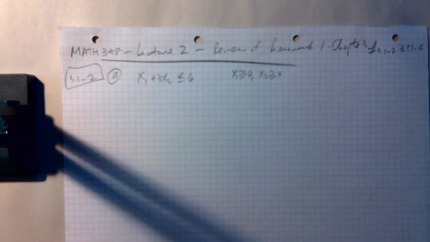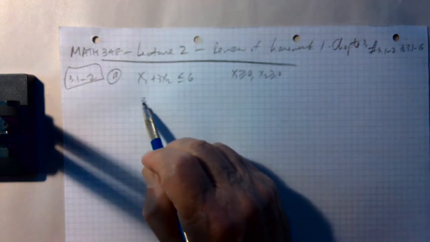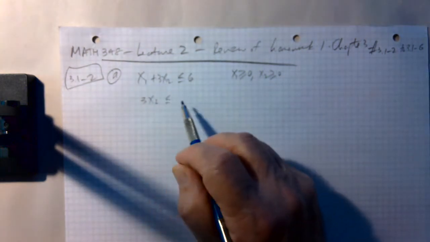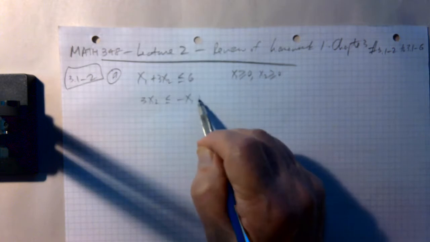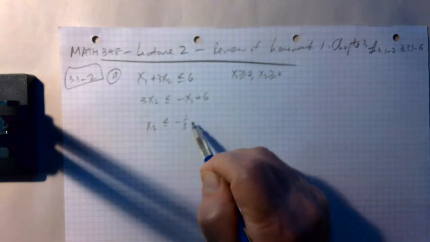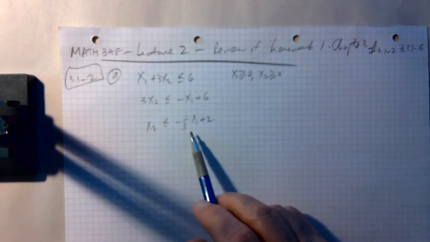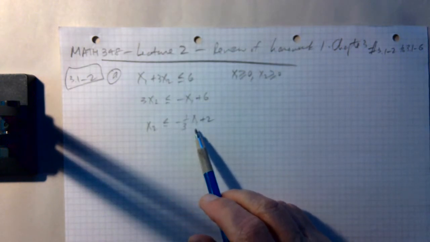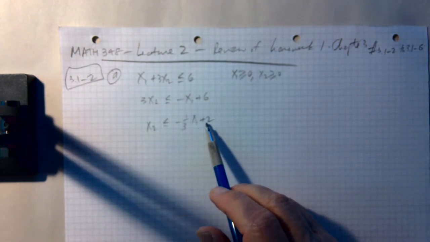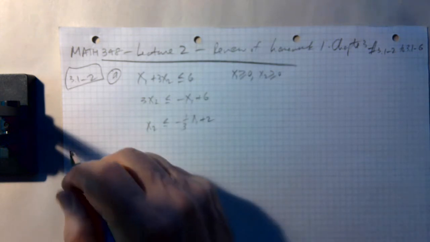So there are several ways to do this. You could write this in the form of a line if you like. You could say that this is 3x2 less than or equal to minus x1 plus 6, or x2 less than or equal to minus a third x1 plus 2. And this is the equation of a line with y-intercept 2 and slope minus a third.